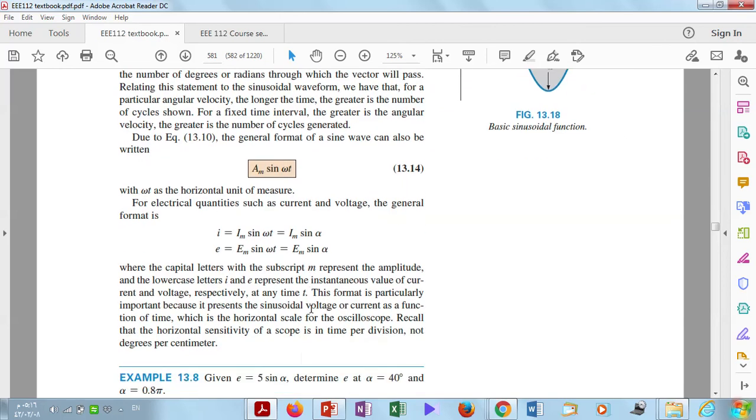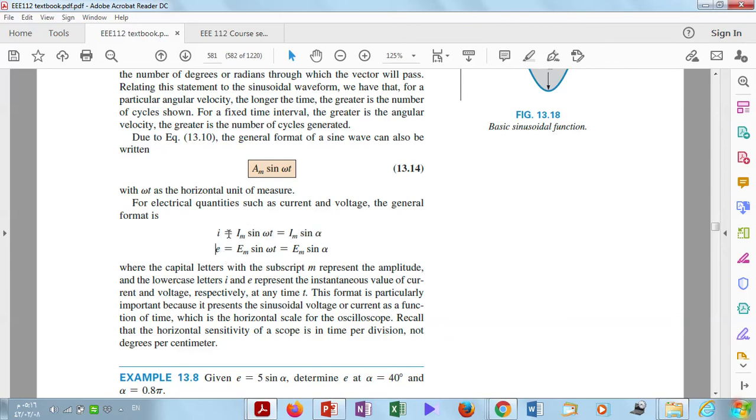What about the voltage and current? If we need to convert math to electrical, let us say i or e. Some books say e, some books say v for the voltage. When you need to express the sinusoidal, concentrate here: the i letter is written small and the e is written small.